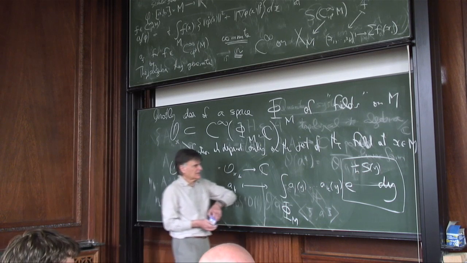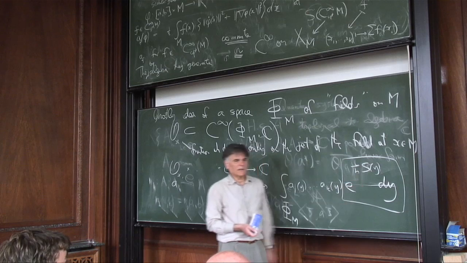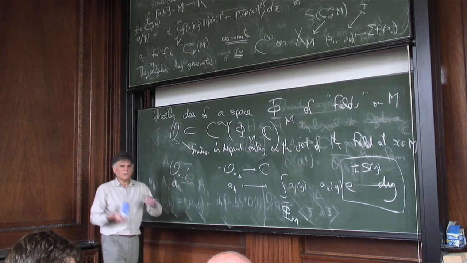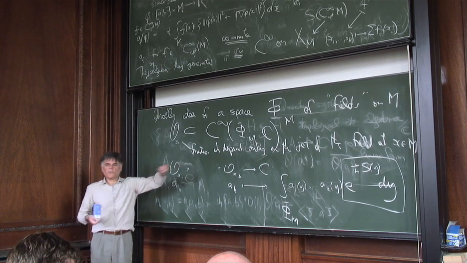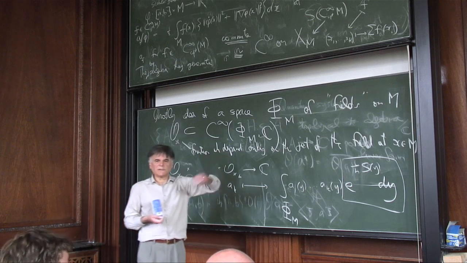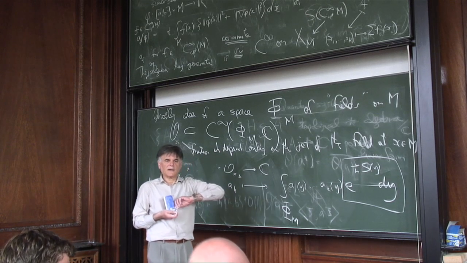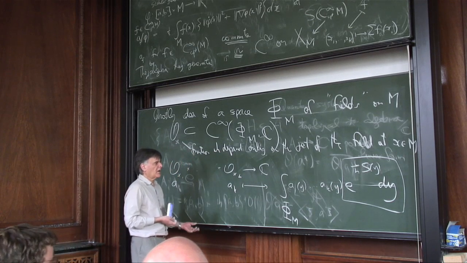Now, the most salient property of this is that it's meant to be local. You see, the action before, when we integrated the Lagrangian along the path, that clearly was additive with respect to the path.